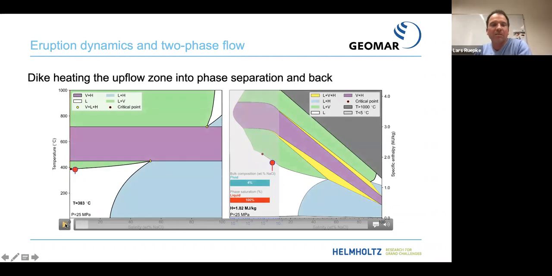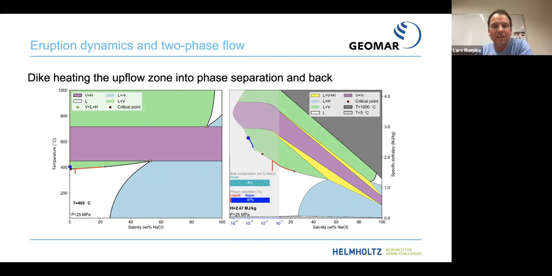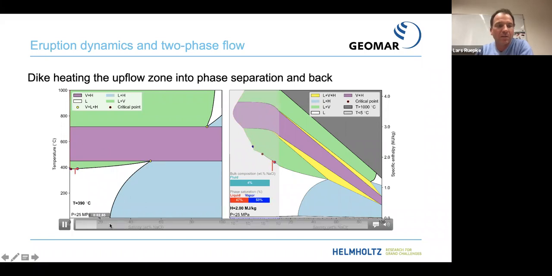Now the dike comes and we heat the system a little bit. What happens first is we again get into this liquid plus vapor phase. We split off a brine phase and a vapor phase. Then let this run a little bit: the brine becomes more salty, we make more and more vapor, you see the saturations.